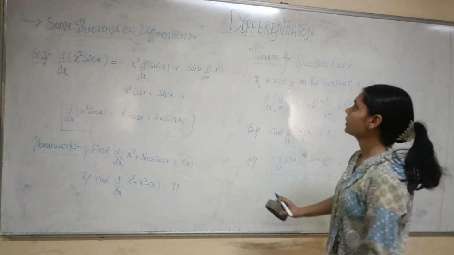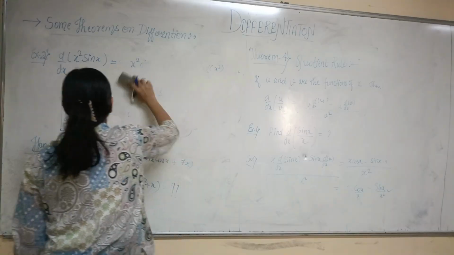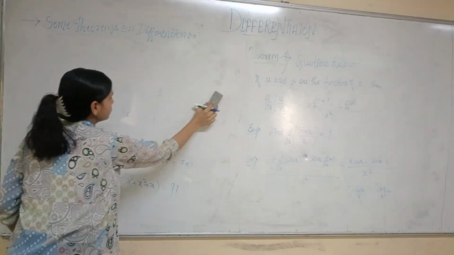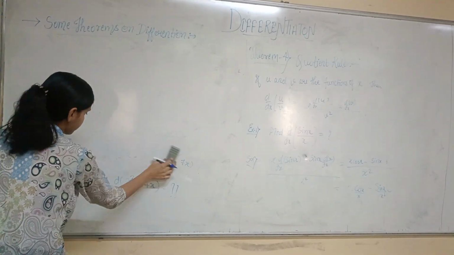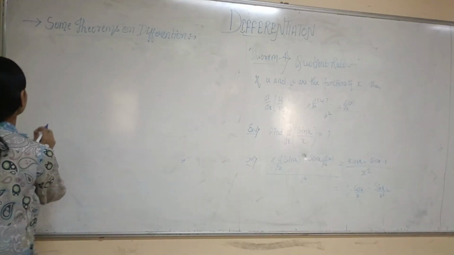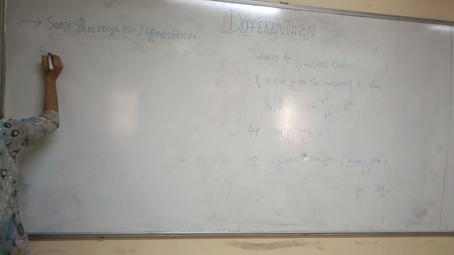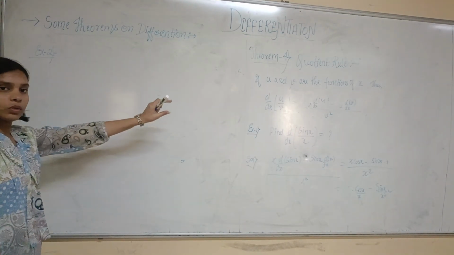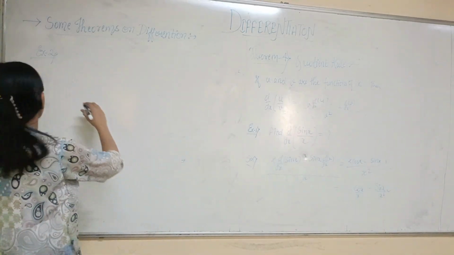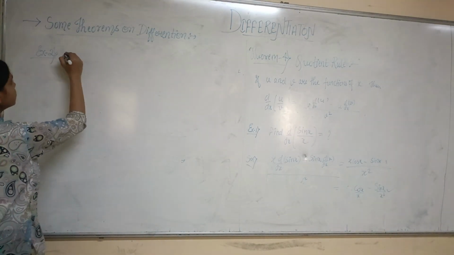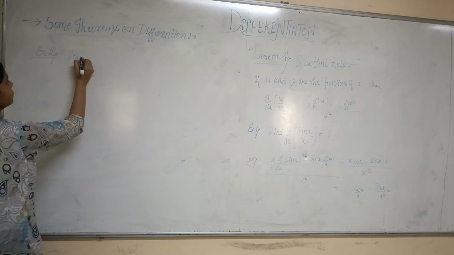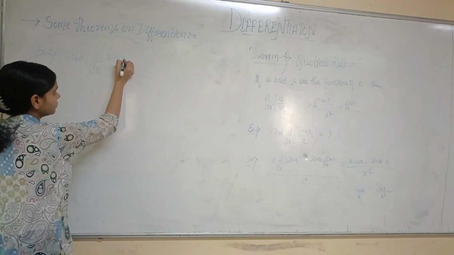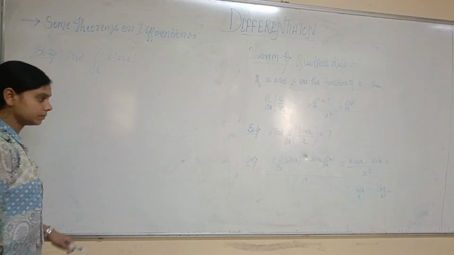Okay, now let us take another example, example 2. This example is also based on the quotient rule. Find d by dx of x upon cos x, right?